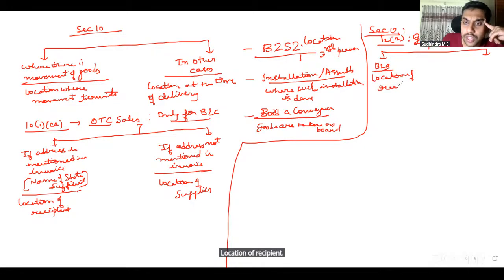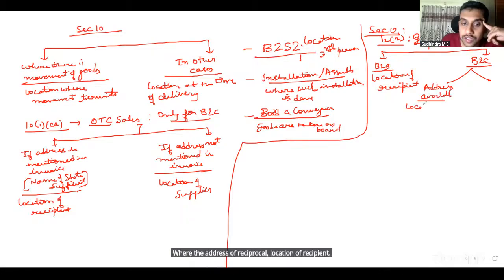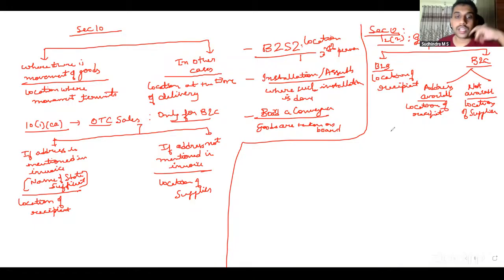In case of B2C, if the address of the recipient is available, then location of the recipient. If the address is not available, location of the supplier.